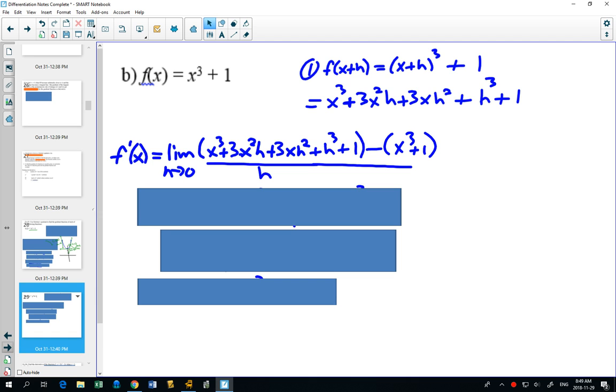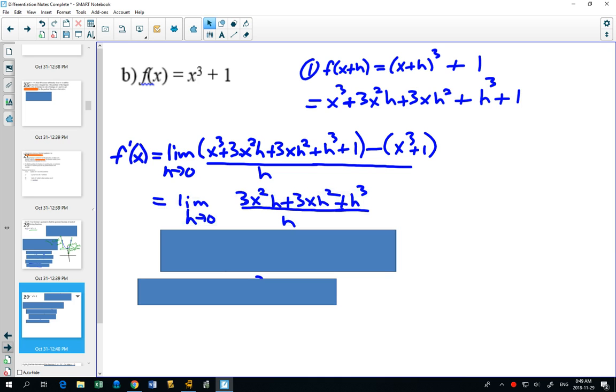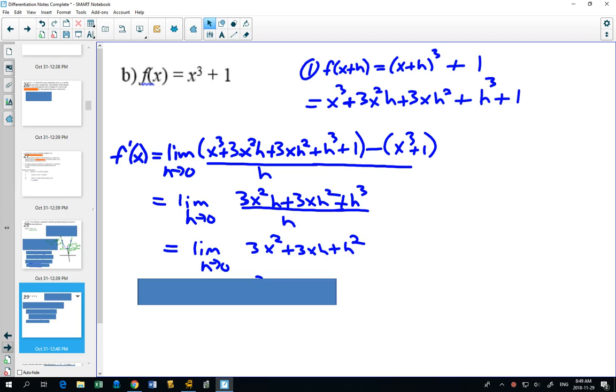Notice that you have an x cubed here that cancels out with that x cubed. Notice that you have a 1 here that's going to cancel out with the other one. And what ends up happening is you're left with terms that only have the h in them. If that's the case, you can factor an h out of the top and then divide and simplify. And then you're no longer dividing by 0, so you can apply the limit, plug in 0 for h, everything goes away, and we get 3x squared.